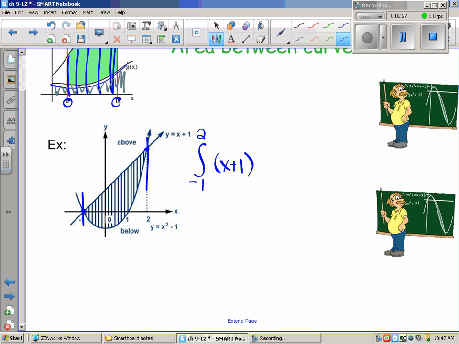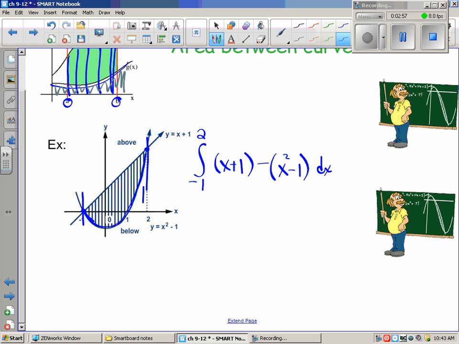The top covers everything underneath that line. But what I want is to find the area of this curve here and subtract it, and of course that's x squared minus 1. I'm going to use that as my second function, dx.